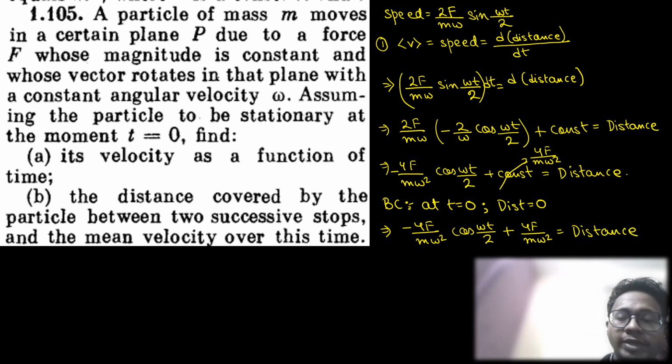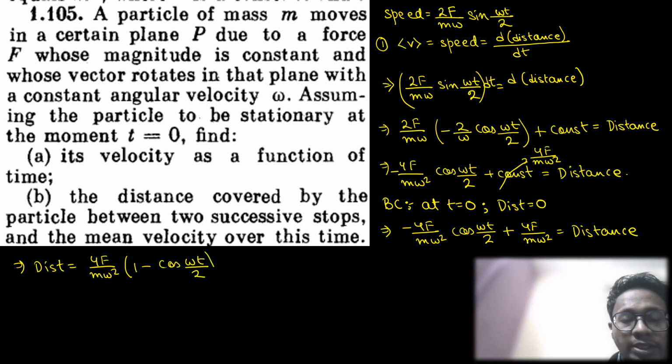If I take 4f by m omega square common, distance is equal to 4f by m omega square into 1 minus cos omega t by 2. This is the distance traveled in time t.